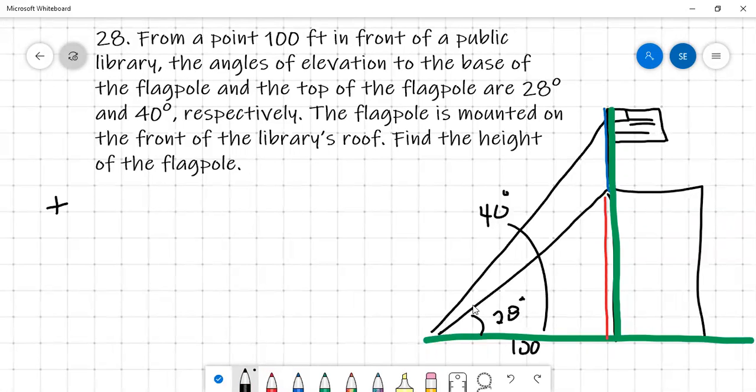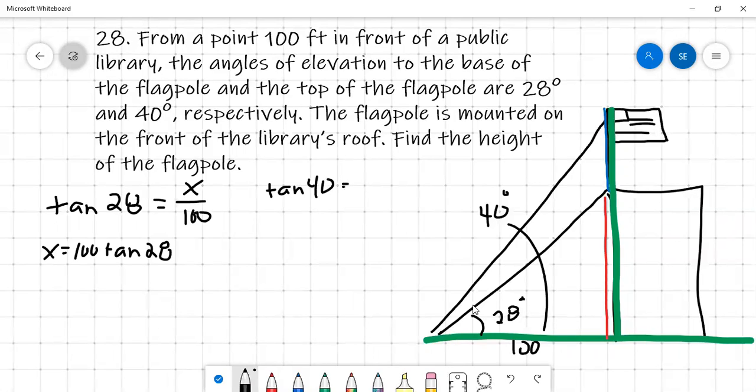So we can write this equation, tan of 28 is equal to x over 100. Okay? And then we can manipulate this. This becomes x is equal to 100 tan 28. The total distance is going to be tangent of 40. Tan 40 is equal to our total distance, we'll just call it y, divided by 100.